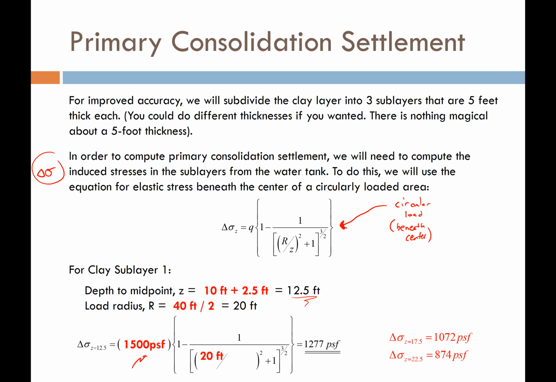Radius is 20 feet, and my depth below the ground surface is 12.5 feet. So I get 1,277 pounds per square foot. That's my delta sigma, the increase in the stress from my applied circular load. If I make the same calculation for my other 2 sublayers, I get an increase in stress of 1,072 pounds per square foot for the second sublayer and 874 pounds per square foot for the third sublayer. Okay, so let's hang on to those.